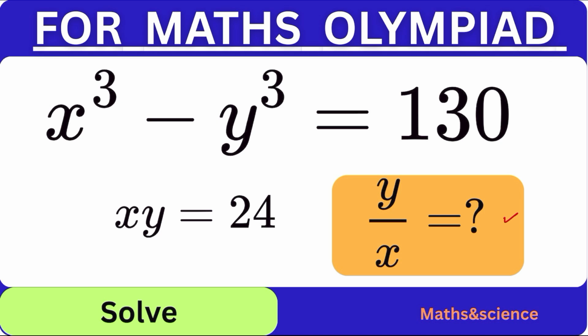The given equation is x cube minus y cube is equal to 130, x into y is equal to 24. Here we have to find y by x. Let us try to solve this problem.